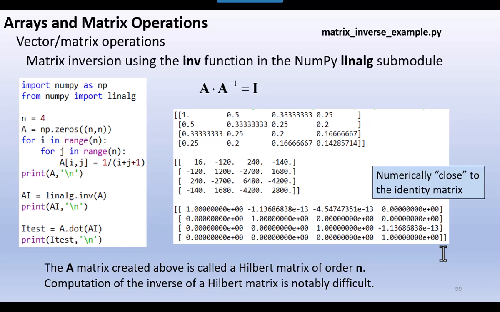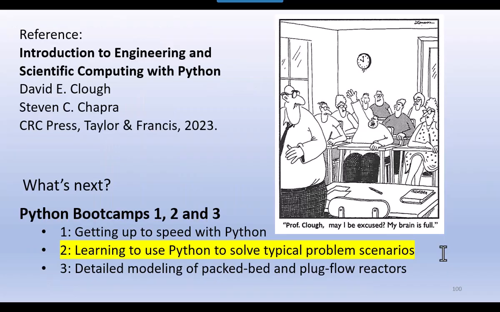And also you can use addition and subtraction as an array operation, and it's very easy to do that. So those are the array and matrix operations that we wanted to review, and that brings us to the end of this first workshop.